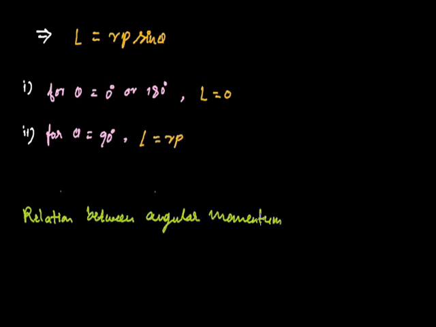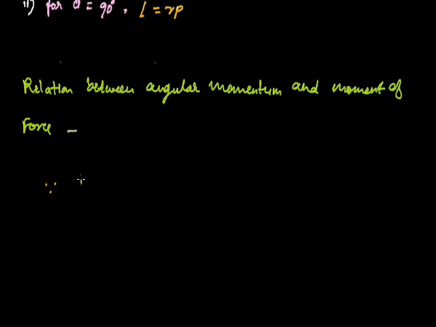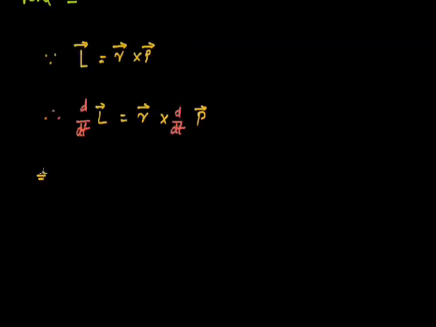So, relation between angular momentum and moment of force: since we know that L equals r cross p, now on differentiating both sides with respect to time, the terms angular momentum and the linear momentum, we get torque equals r cross F, because we know the rate of change of linear momentum with respect to time is known as force.